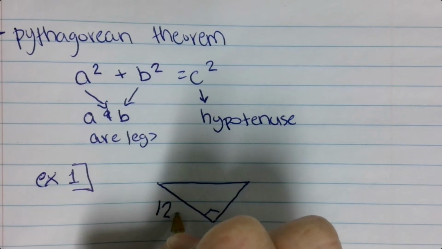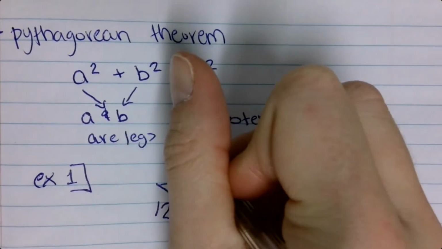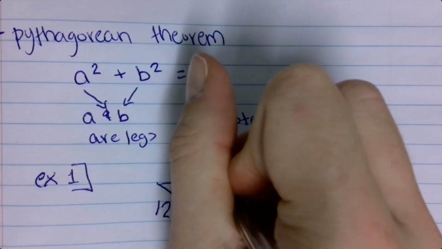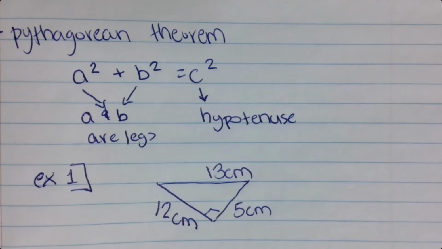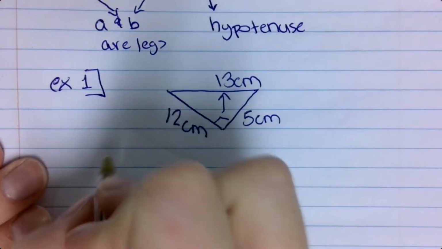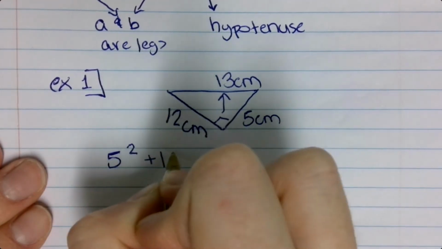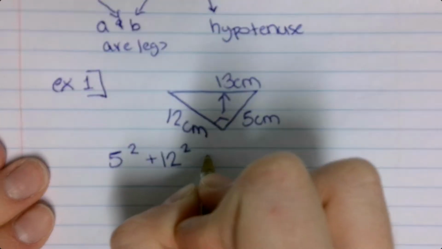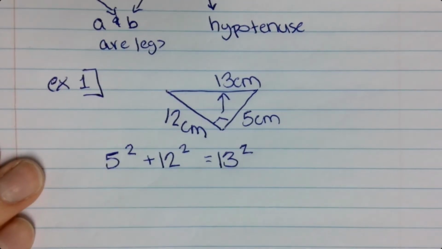We're going to call this centimeters, 5 centimeters, and then we know this is 13, right? So what I mean is I take 5 centimeters and I square it. I add it to 12 centimeters squared. It should equal 13 centimeters squared.